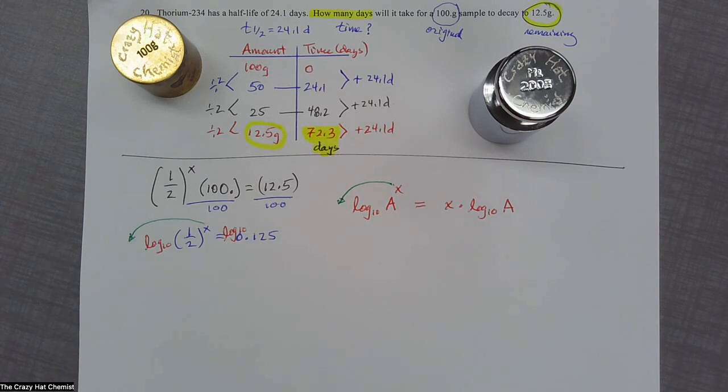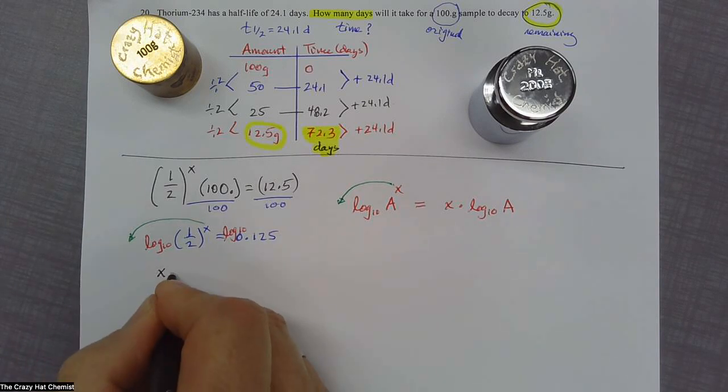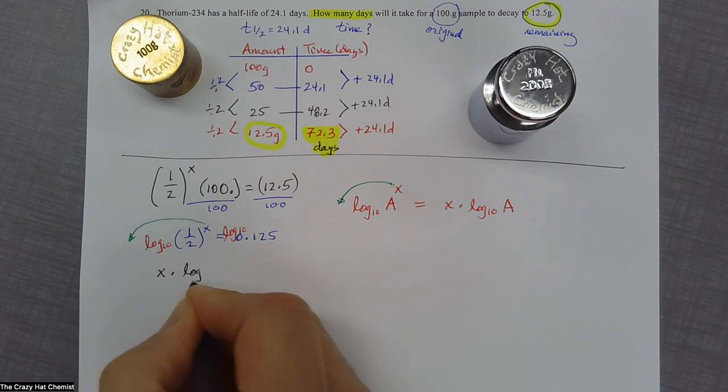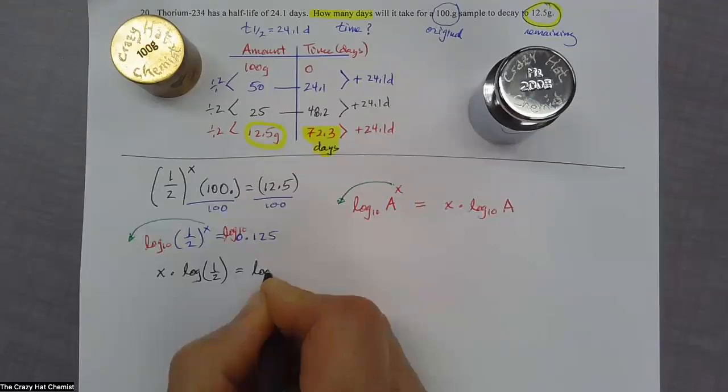That's what we're going to do, and that's going to be critical for our next step. So now we have X times log of 1/2 is equal to log of 0.125.